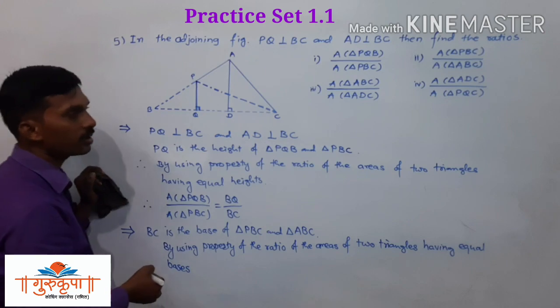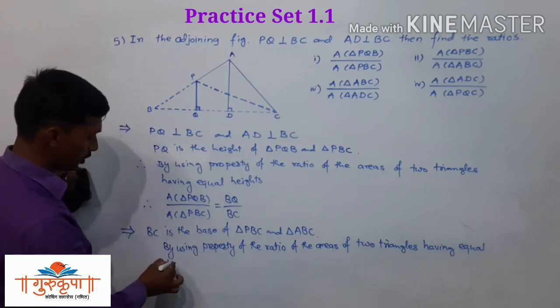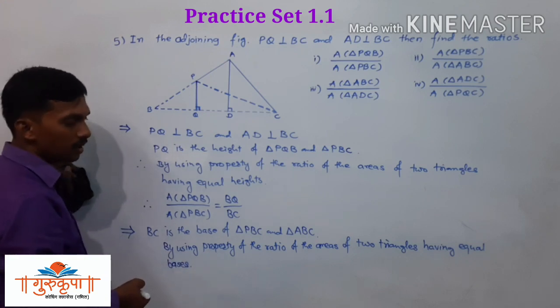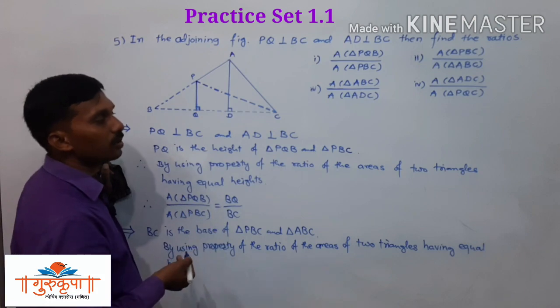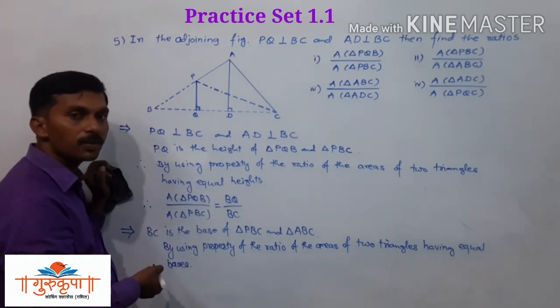What we can write here, since the bases of both the triangles are equal, the ratio of the areas of these two triangles is equal to the ratio of their corresponding heights.